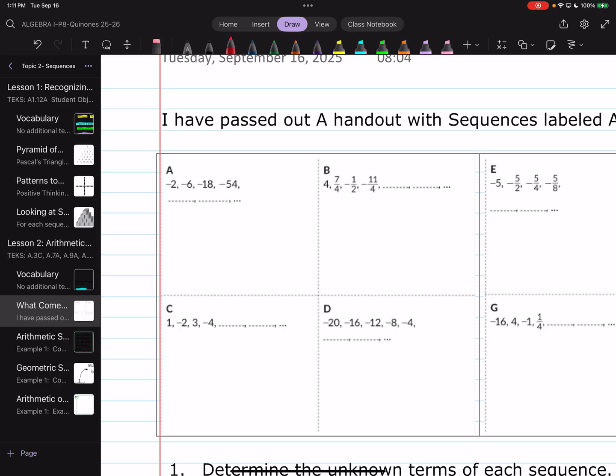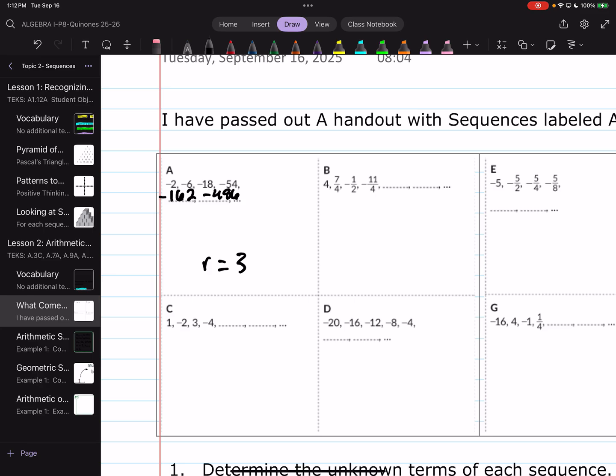Because if you think, oh, I just need to multiply by 1/3, that wouldn't be true to get to the next one. So we know that the ratio is going to be what number? What's my common ratio for this first one? 3, right? I'm multiplying by 3 every single time to get to the next term. That means that my next one is going to be negative 162, and then my final term is going to be what? 486.